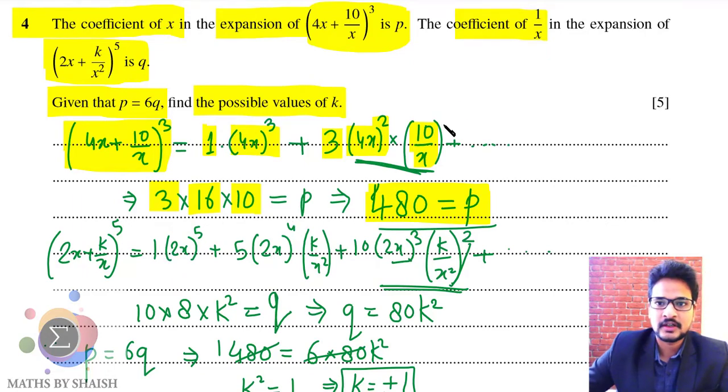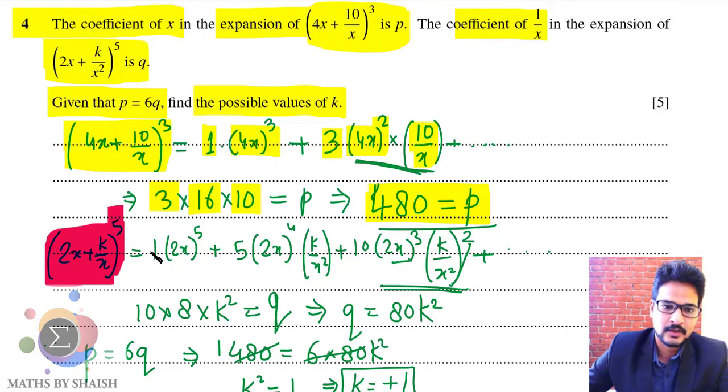And then the second condition, the coefficient of 1 upon x in the expansion of this. We are going to expand it. Maybe it is not required to expand it completely, because we only need to find where is 1 upon x. So (2x plus k upon x squared) to the power 5. I am going to use the Pascal triangle. We can use the binomial expansion as well. The Pascal triangle coefficients are 1, and then 5, and then 10, and then again 10, and then 5, and 1.